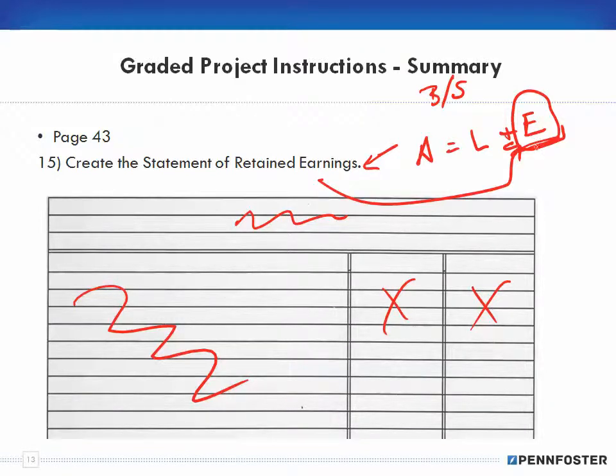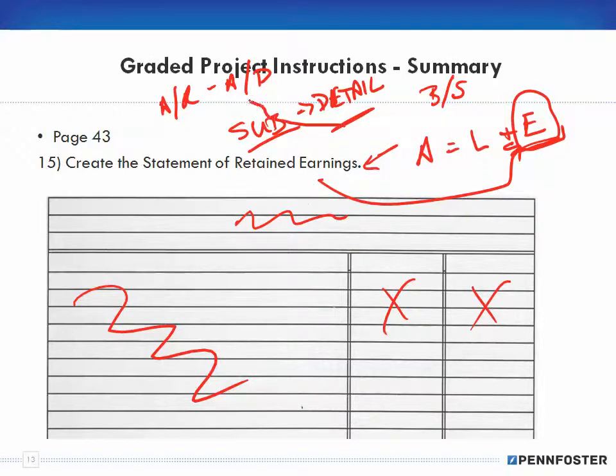So it's very similar to like accounts receivable and accounts payable, in that with accounts receivable and accounts payable, you have a subsidiary ledger, and in the subsidiary ledger is all of the detail, okay? And the total balance of all of that detail is what is shown in that one specific account for accounts receivable or accounts payable.